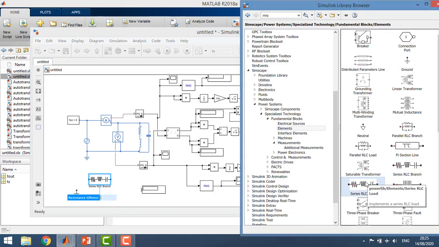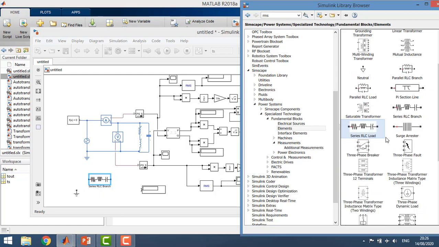I'm going to use the branch since I know the resistance, inductance and even the capacitance of each element, and I will talk about the use of the RLC load at the end of the presentation as well.